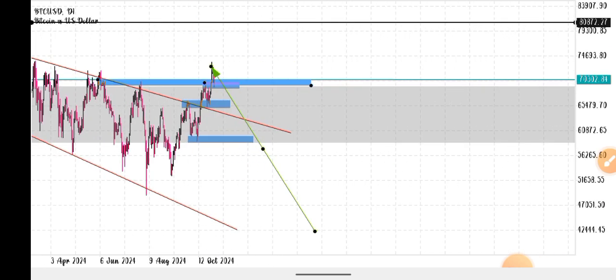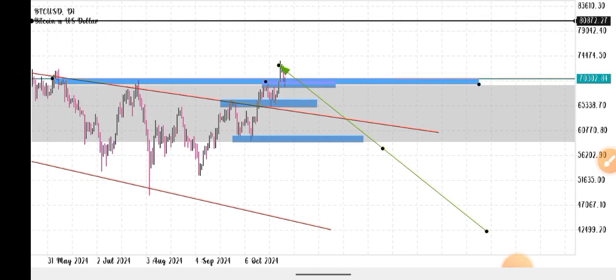It means that a choke has been established. This high has been taken out by this movement. Look at it. There has been a breakout. There has been a breakout. So it means that we are going upwards.